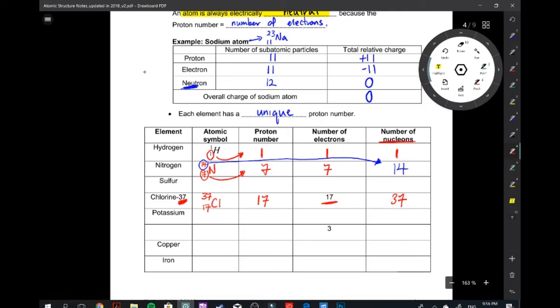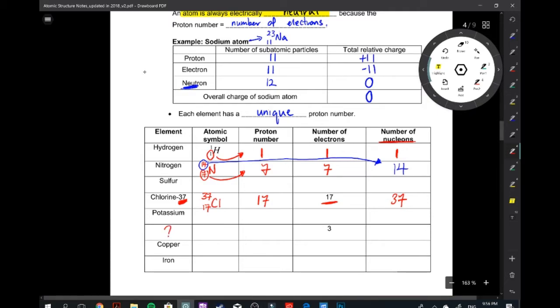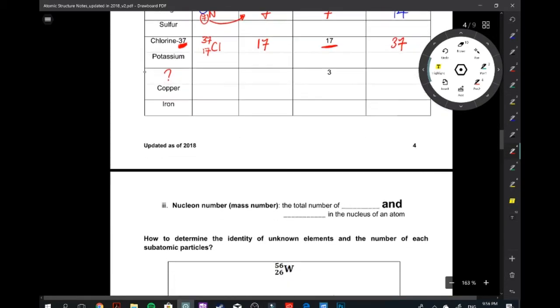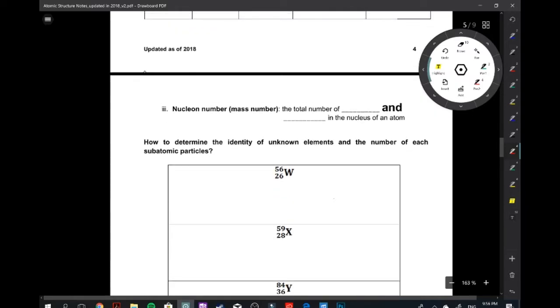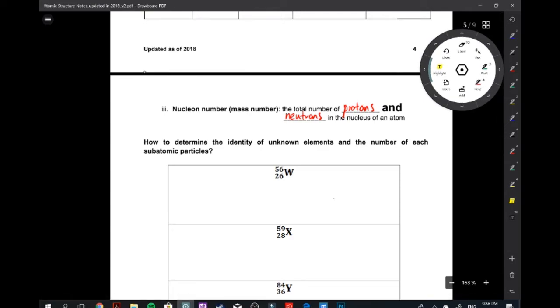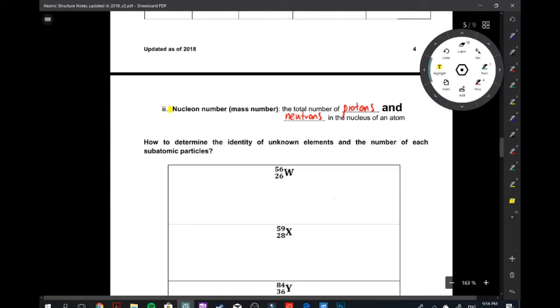Now that we have talked about what is proton number, let's take a look at what exactly are the nucleons number. The nucleon number refers to the total number of protons and the number of neutrons that are inside an atom. So basically, these two are found inside the nucleus.